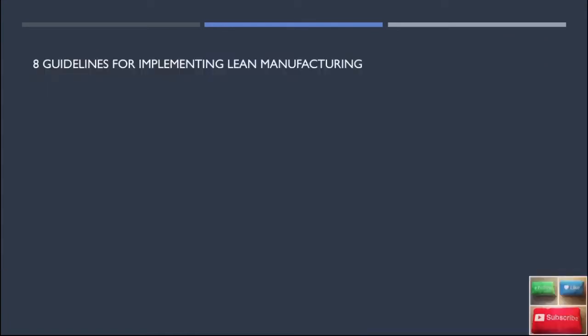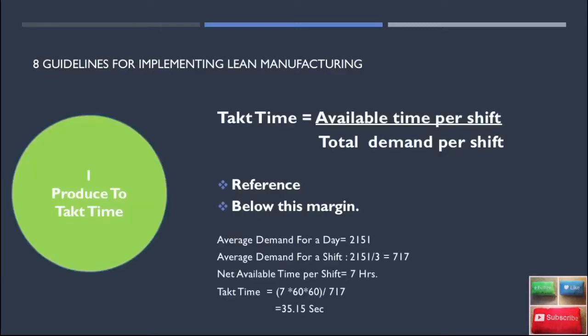There are mainly 8 guidelines to implement lean manufacturing, and I suggest you follow all the guidelines in systematic order, so you have a very smooth understanding and following of lean. Our first guideline is how to produce to the takt time.